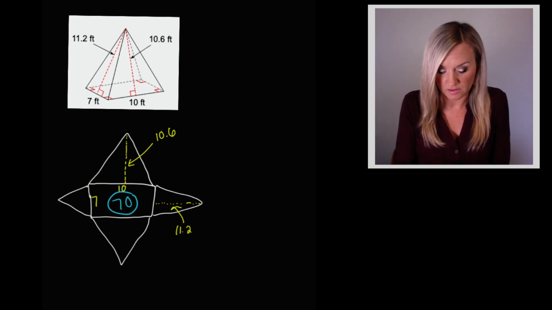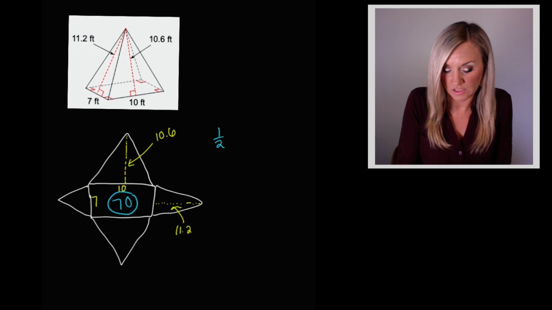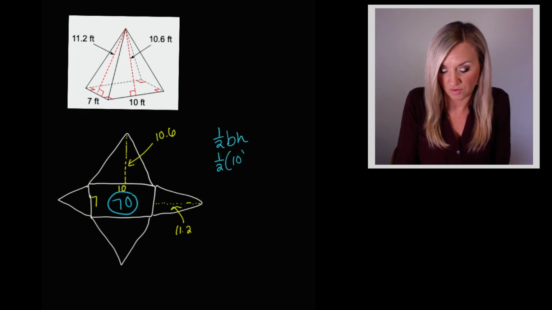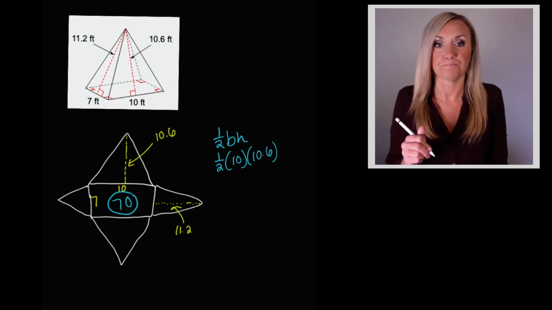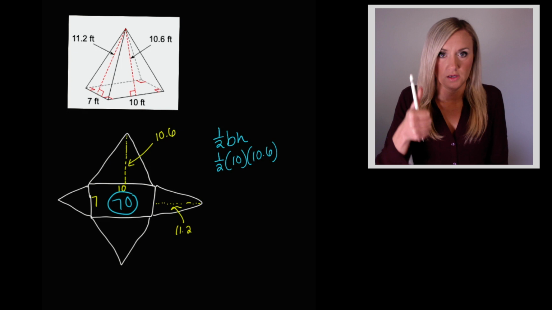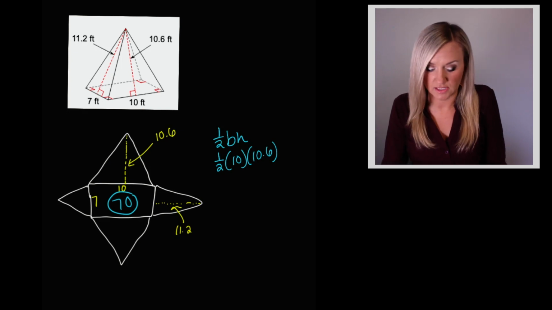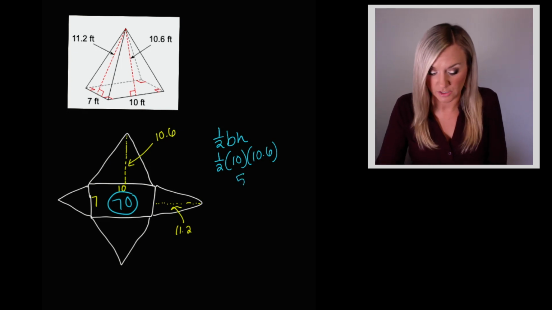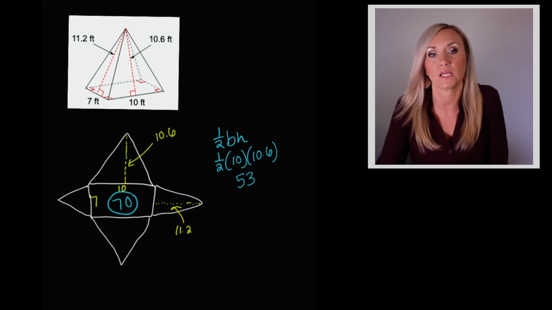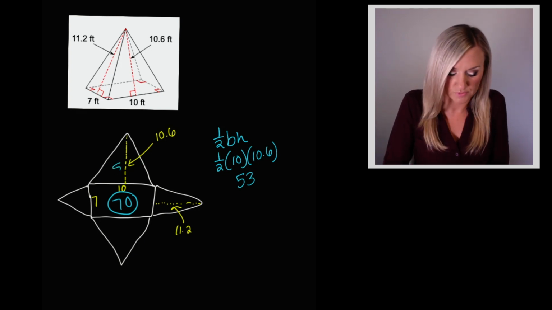So let's do that. So that triangle is 1/2 base times height. So it would be 1/2 of 10 times 10.6. Okay, good. All right, so 10 times 10.6 and take 1/2 of that is actually exactly 53. But we have 2 of them. So this is 53 and this is 53.